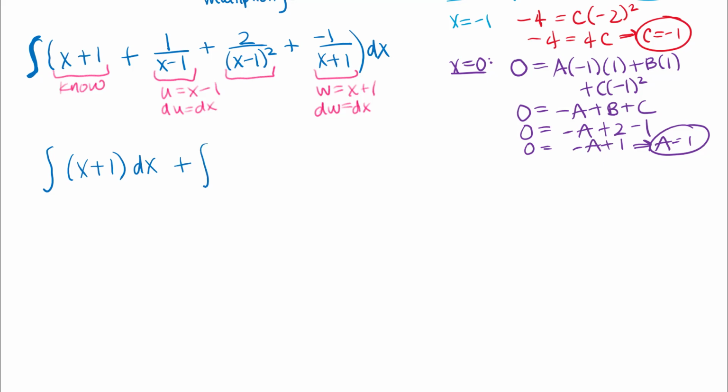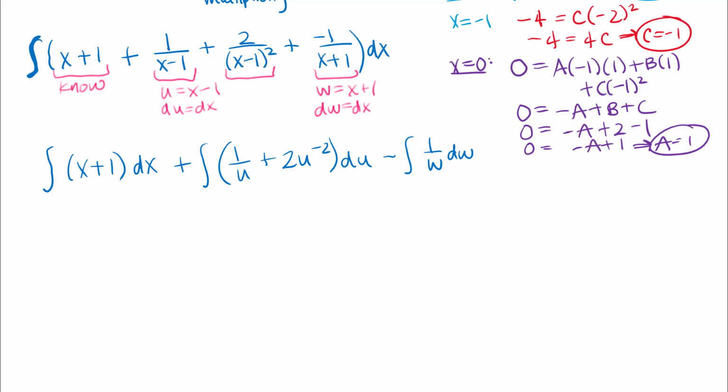For the second integral, I'm going to make the u substitution u equals x minus 1, so I'll have 1 over u, plus 2 over u squared, or I might want to write that as 2u to the negative 2, du. So that's for the two terms in the middle, where u equals x minus 1. And then the last integral, I'll have minus the integral of 1 over w dw.